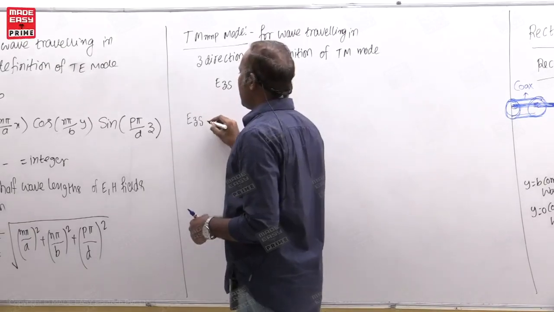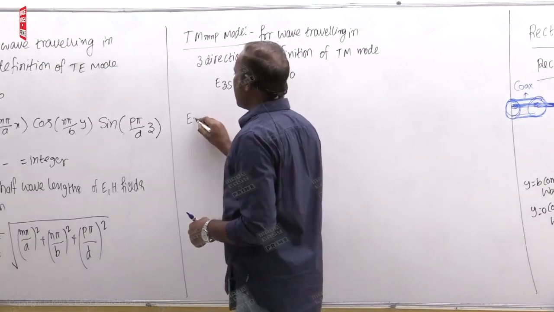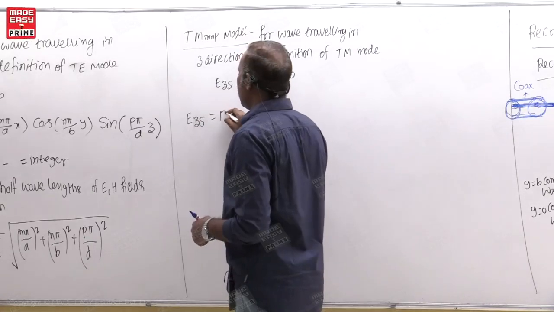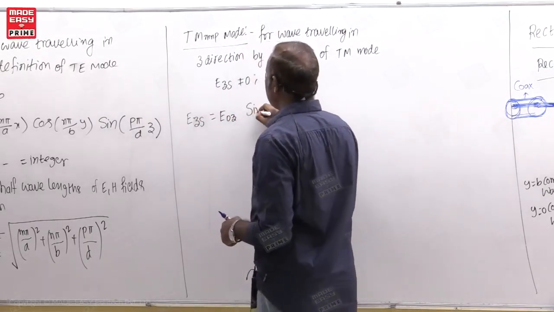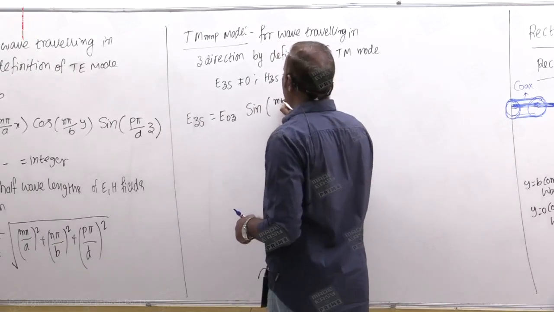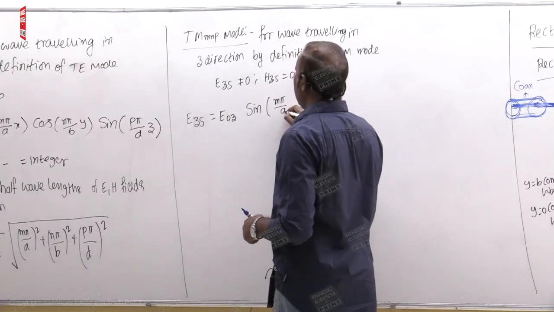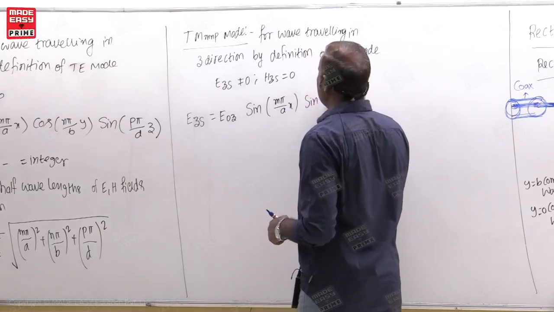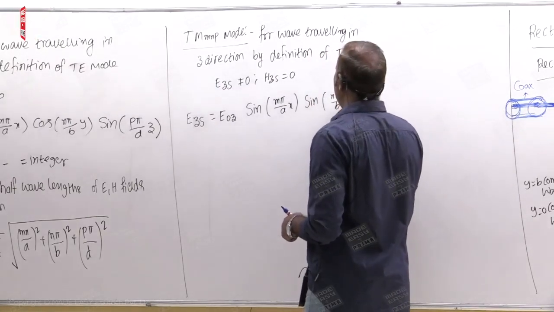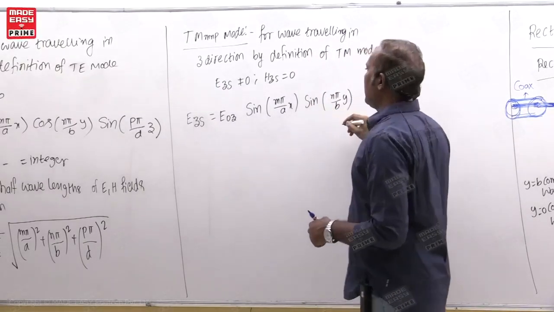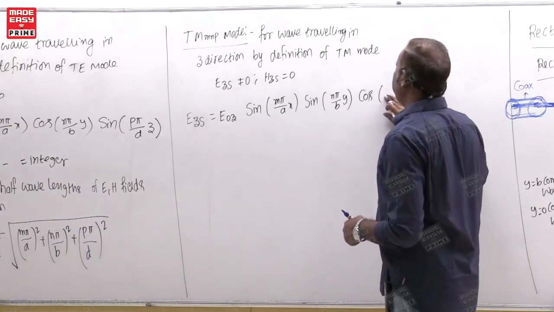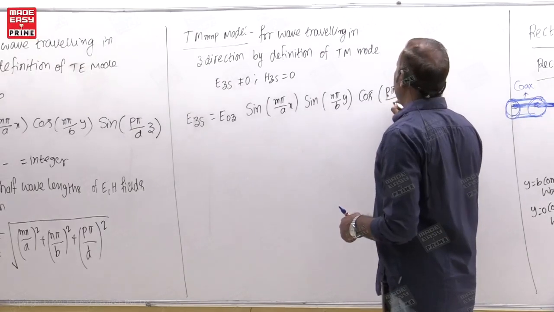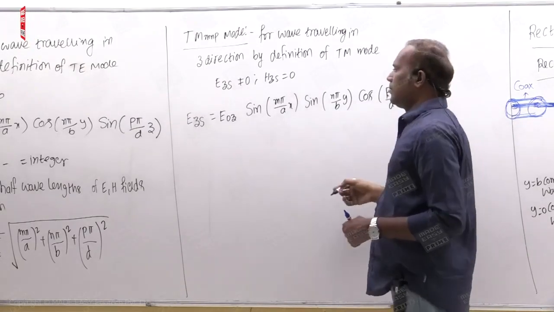Here EZS for this mode is electric field initial value, then sine m pi by A. Once again you get sine n pi by B. Then here you get cos p pi by D z.